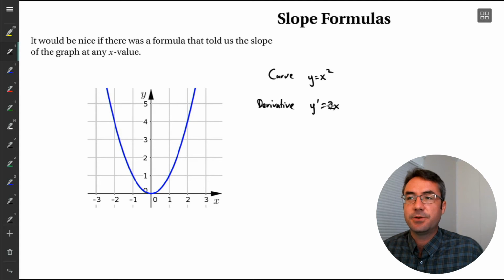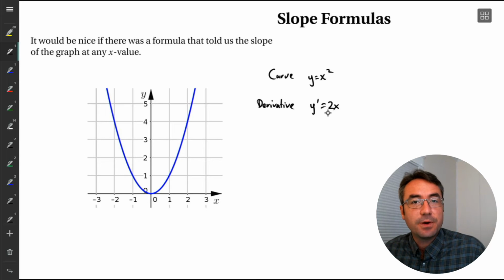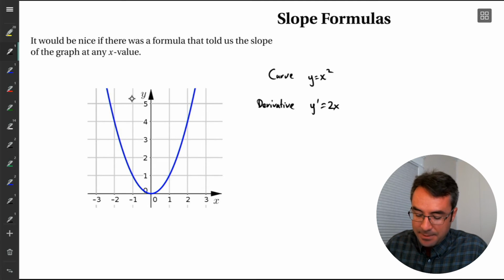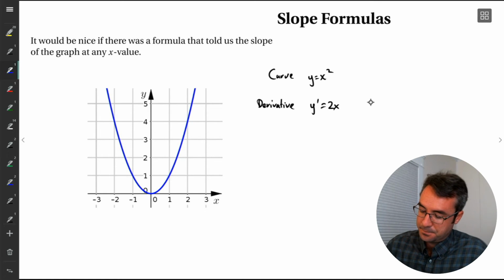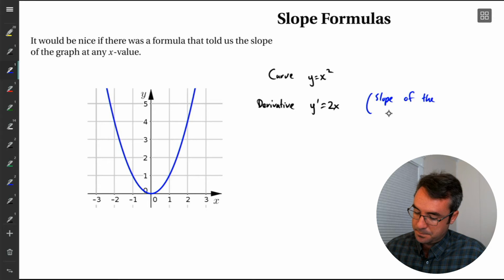And so the way to interpret this derivative is it gives us the slope of the tangent line at any point, any x value along this curve.